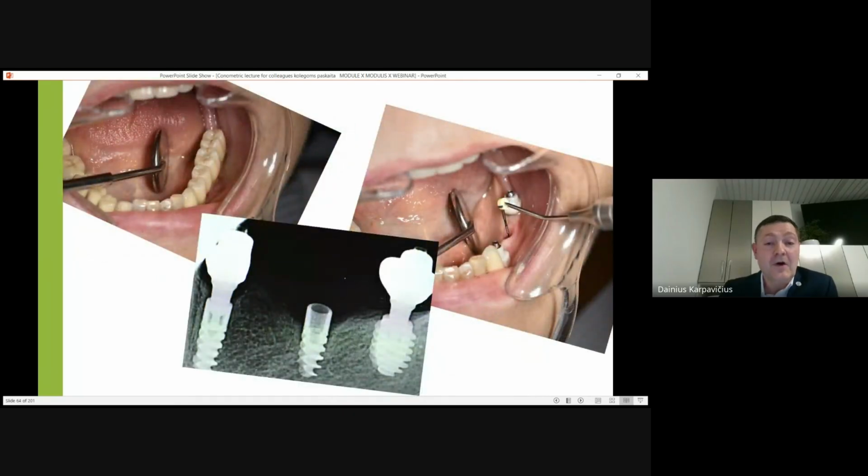This is a case of yesterday. The patient came to me with a problem of the middle implant, and we have here a periimplantitis. This place was a bit thin, and this construction is about, I think, 5-6 years old.